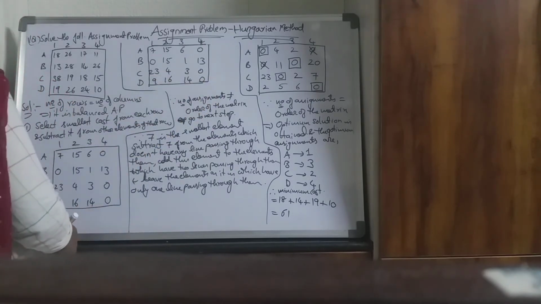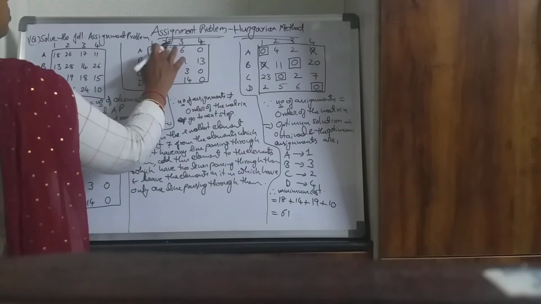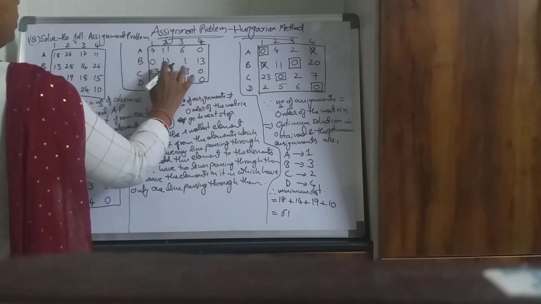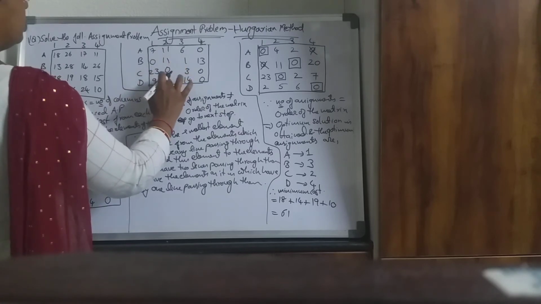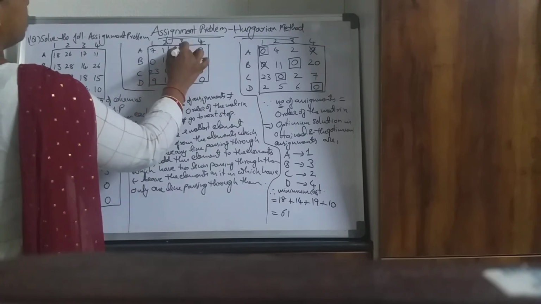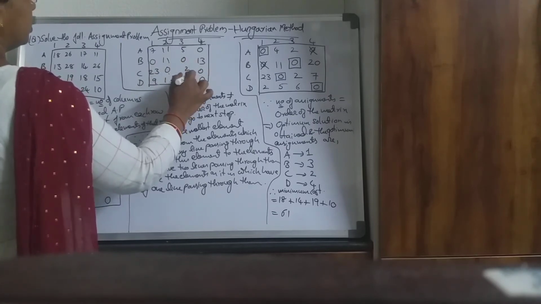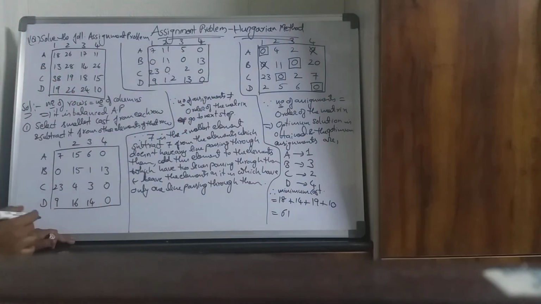So, sorry, not 15. This is 11, 11, 4, 0, 12. Here it was 5, 0, 2, 30. Okay. Now we got each row and each column at least 1 zero.